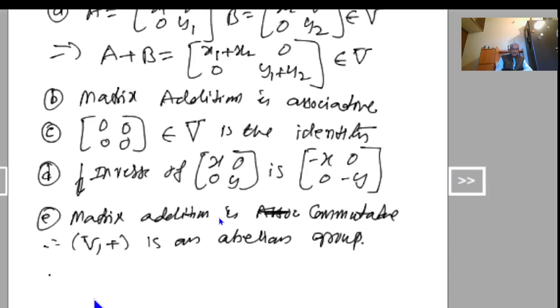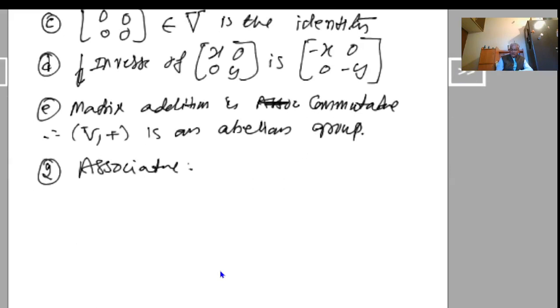What is the second axiom? Second one, associative. So here let C1, C2 belong to R. Then consider (C1 C2) into alpha. This is equal to, I have taken A here, (C1 C2) into A. What is A here?